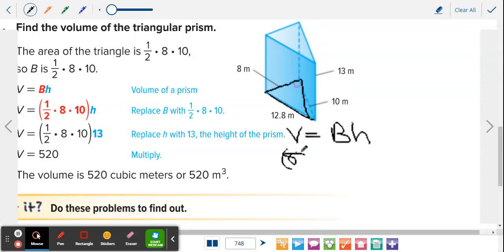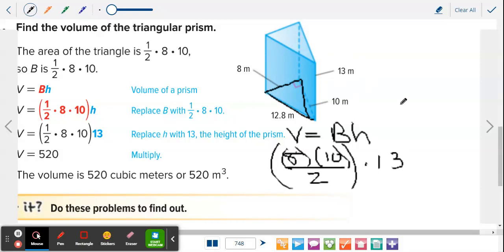So it's going to be 8. That is pointing to how tall this is. Now the height of the triangle is what? 10. Okay, so that's just the triangle part. Now you have to multiply that by the height of the prism, which is 13. The height of the prism is talking about how tall it is.